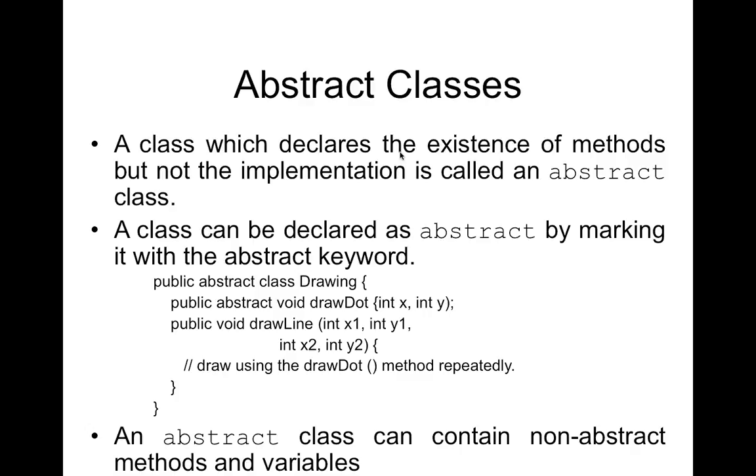See here, it follows the pattern: abstract class, it has an abstract method, and it does not have anything, but it can give an implementation of draw line here. Any method that is marked abstract, we need not give the behavior. Any method that does not have the abstract keyword, you can give the behavior.